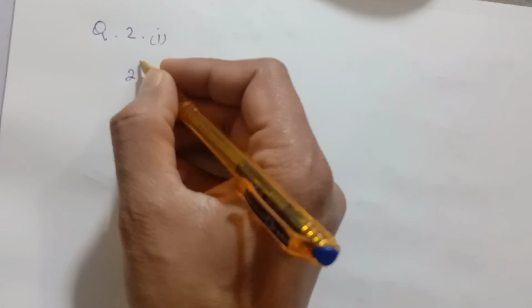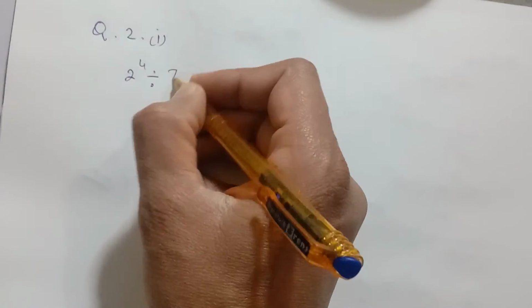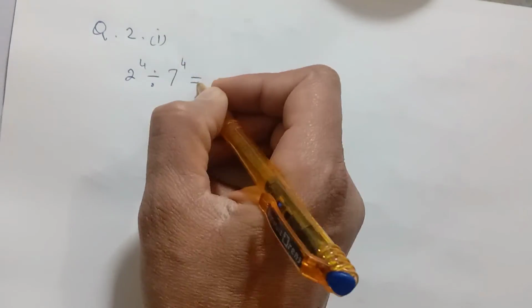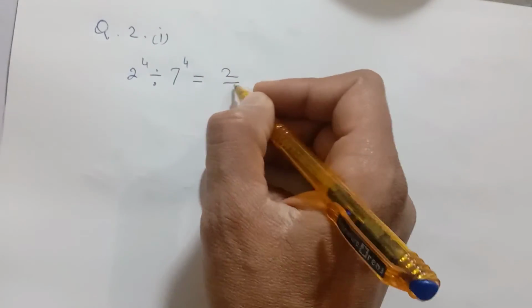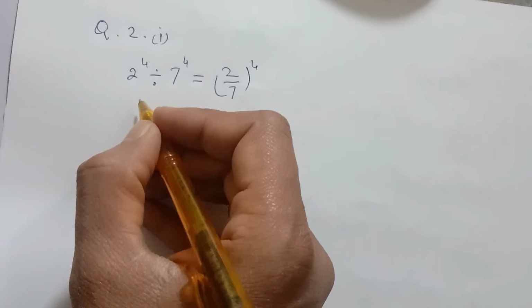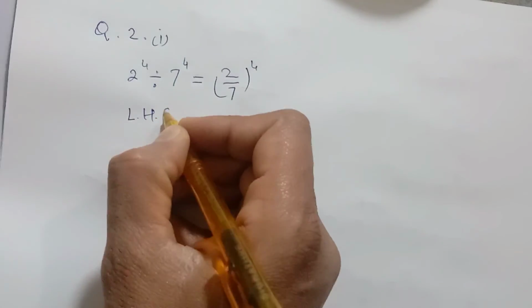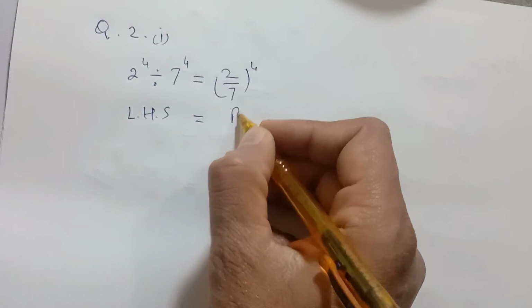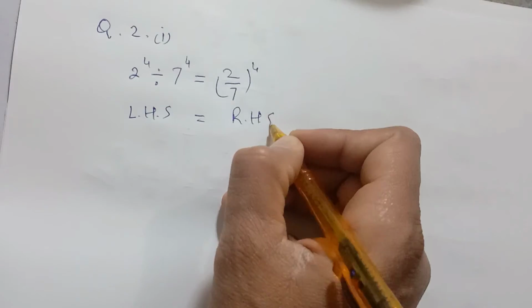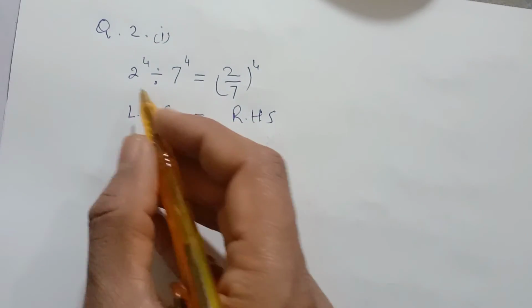2 to the power 4 divided by 7 to the power 4 is equal to 2 over 7 whole power 4. This is the left hand side, and here is the right hand side. You have to prove the left hand side is equal to the right hand side.